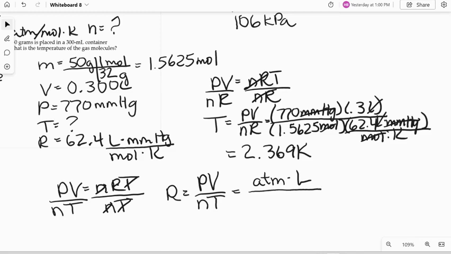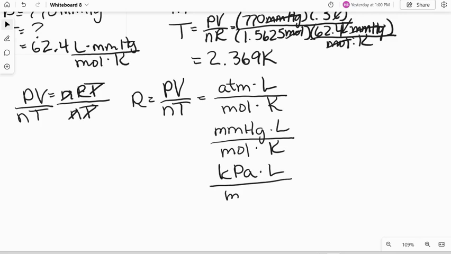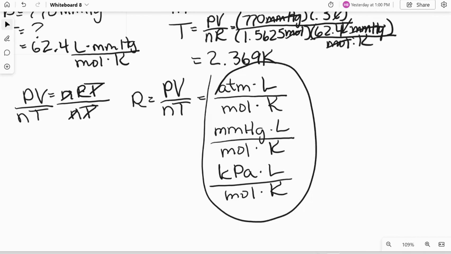Volume has to be in liters. Number of N has to be in moles, that's amount, and temperature has to be in K. So our three units of pressure will determine which value to use. But the other units have to remain constant. And you can convert between these R values also using the conversion factors that I wrote up above. And there's your ideal gas law.